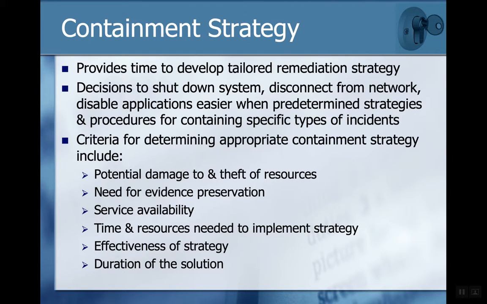Containment strategy. The biggest challenge you run into when something happens is, what is happening, and how many things are affected by it. Some of the approaches organizations take is that sometimes they have to shut systems down, disconnect things from the network, or disable applications. You can't do that just willy-nilly. So identifying escalation and containment strategies is something that needs to be worked out and thought through, and escalation plans developed to say, okay, if we detect this, we'll check this and this and this, and based upon circumstances, we can escalate.